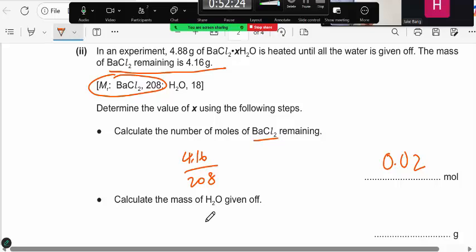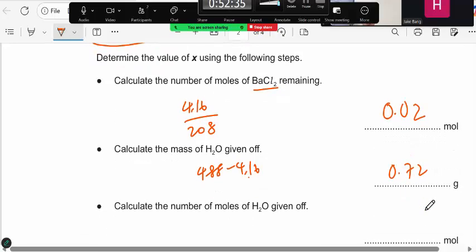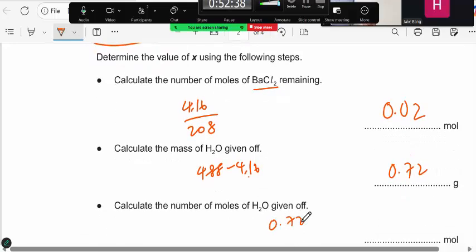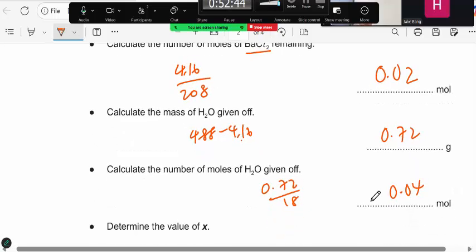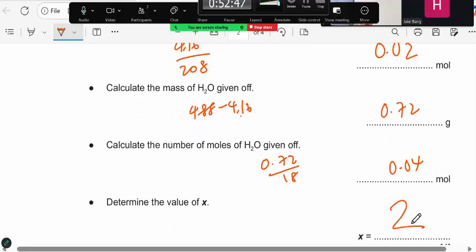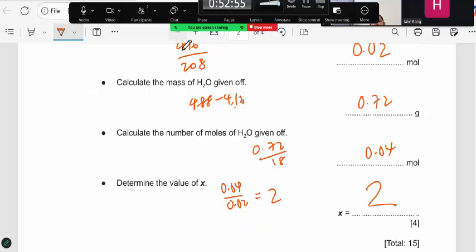Mass of water is you minus. You have to take 4.88 minus 4.16. Moles of water, 0.72 over 18, is 0.04. So what's the ratio? 1 to 2. So X is 2. Do you understand? Yeah? Okay, good.